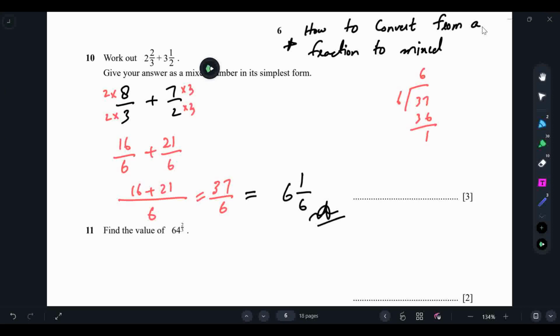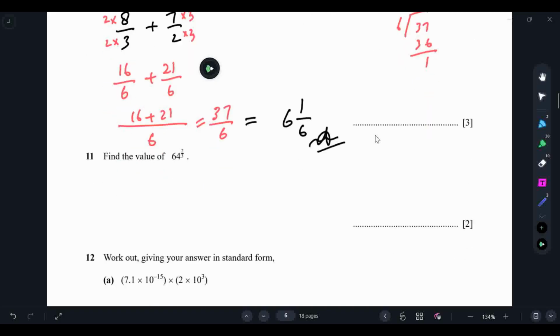We must understand, because we can see in the previous question the mixed fraction was required. So we must know how to convert a fraction into a mixed fraction. Let's move to question number 11.